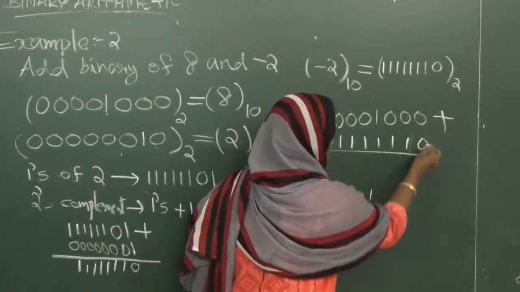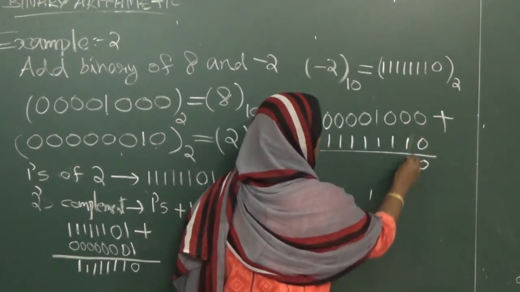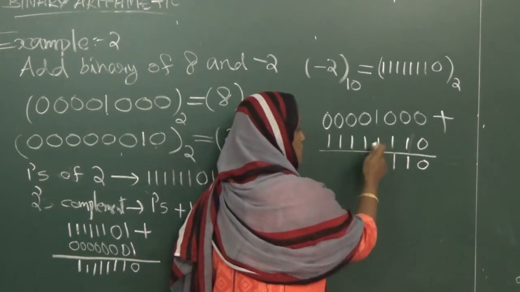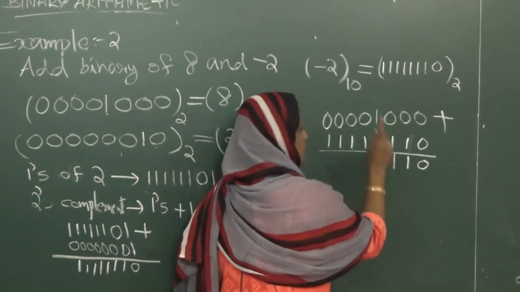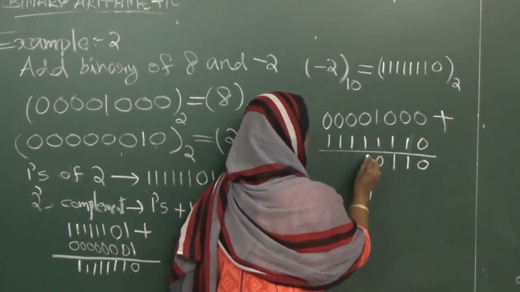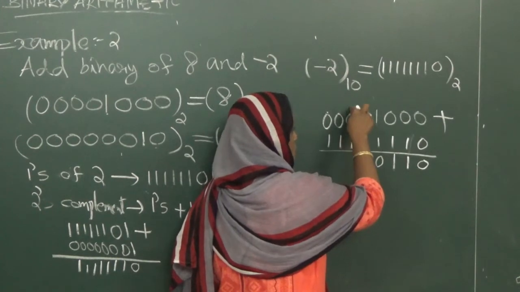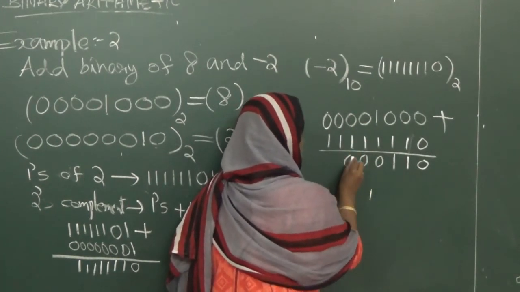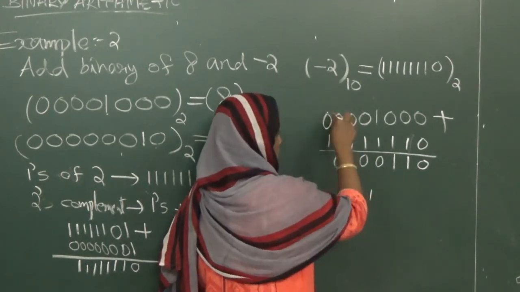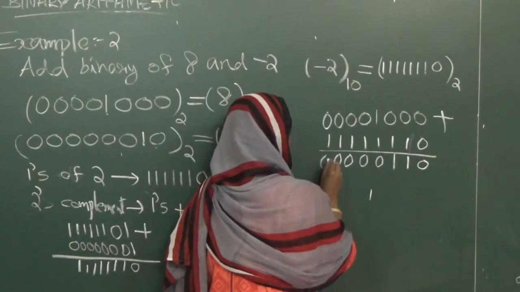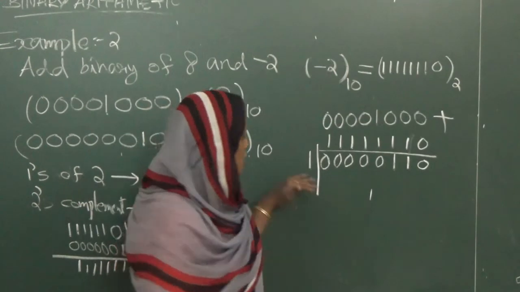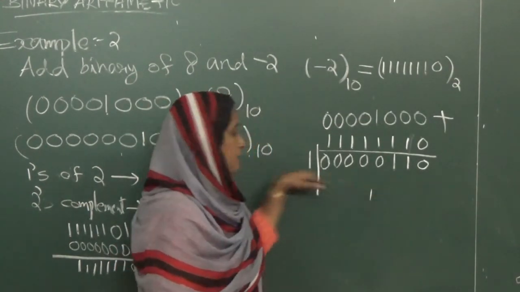Now adding this: 0 plus 0, 0, 0 plus 1, 1, 0 plus 1, 1, 1 plus 1, yes 1 plus 1 is 0 with carry 1, carry move here, 1 plus 0 plus 1, again 0 with carry 1, 1 plus 0 plus 1, again 0 with carry 1, 0 plus 1 plus 1, again 0 with carry 1, 1 plus 0 plus 1, again 0 with carry 1. Okay, so we get result like this.